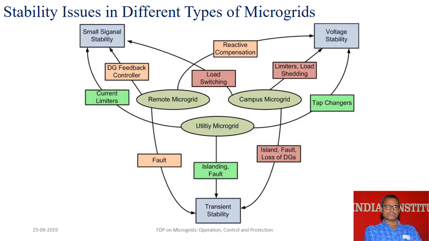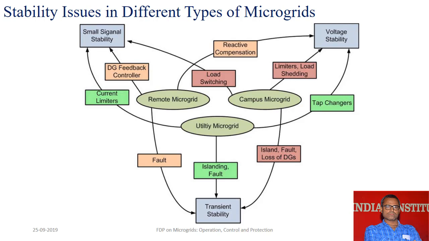Similarly, for the campus microgrid, transient stability issues happen because of the islanding phenomenon, fault, and loss of DGs, right? And voltage stability issues happen because of load shedding and limiters. Then for load switching, small signal stability issues come into the picture, right?